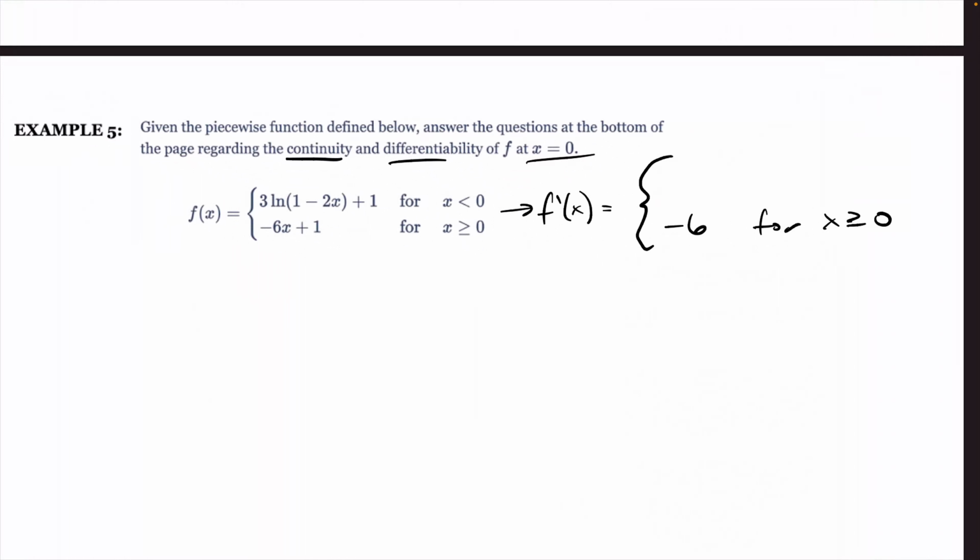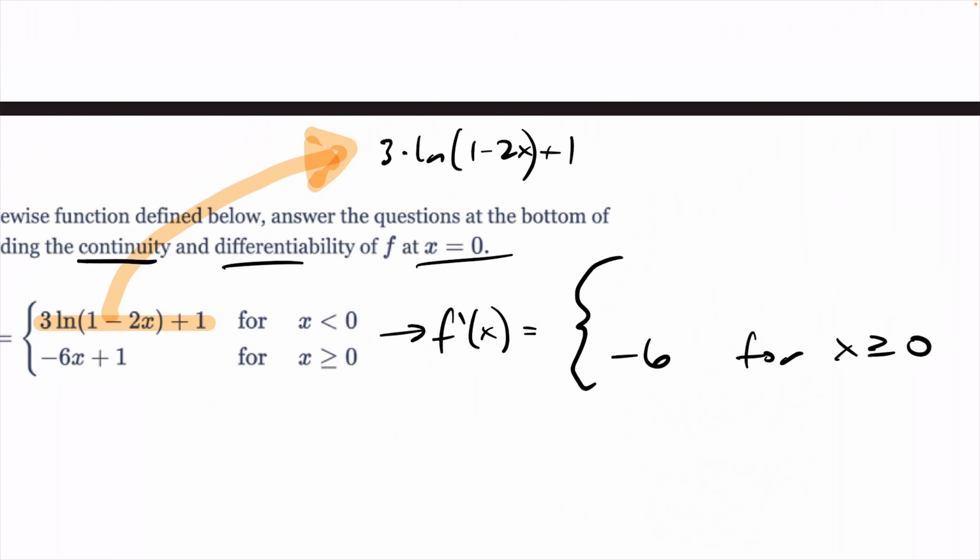The derivative of the top: it's got two terms. 3 times the natural log of 1 minus 2x, that's the first term, and then positive 1. The derivative of positive 1 is just going to be 0. So really you're just focused on the 3 times the natural log.